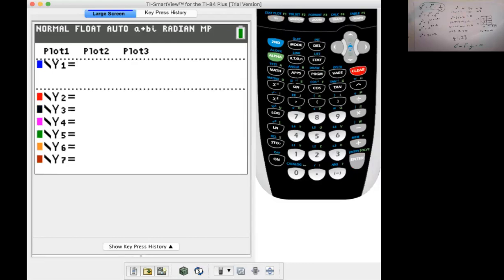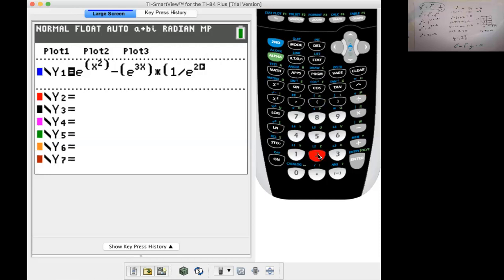e to the x squared. E to the is second ln. e to the x squared, I'm going to put that in parentheses just to make sure there's no issue with order of operations. e to the x squared, and I have to get down from there, minus e to the 3x, I'm going to put that in parentheses again, e to the, second ln, 3x, parentheses, times 1 over e squared.